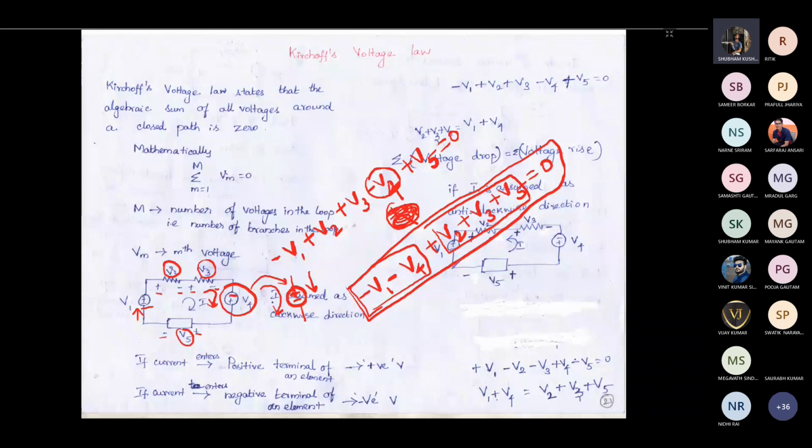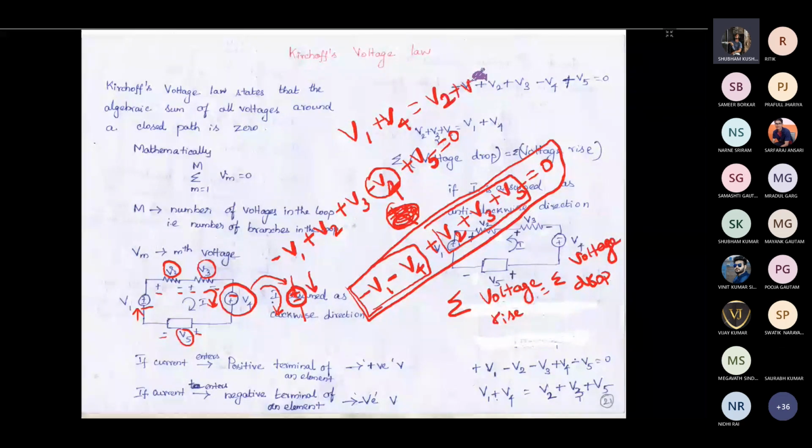In case you want to represent it as sum of voltage rise is equal to sum of voltage drop, then you can just rewrite this equation. If you rewrite it, V1 plus V4 is equal to V2 plus V3 plus V5. So this will be our final expression.